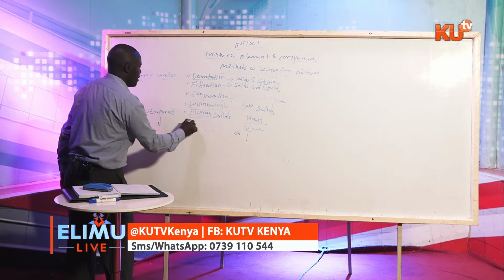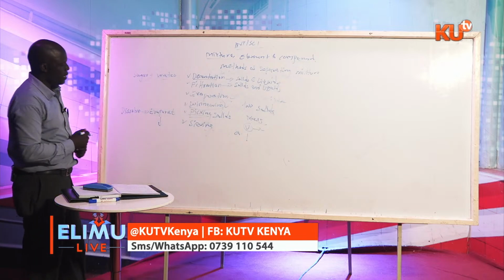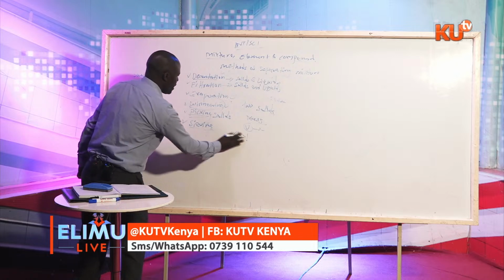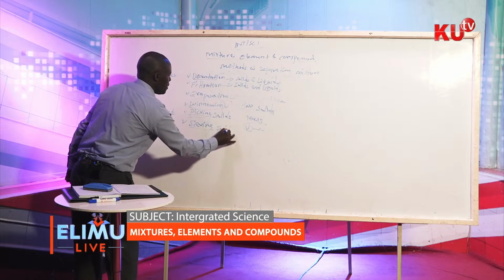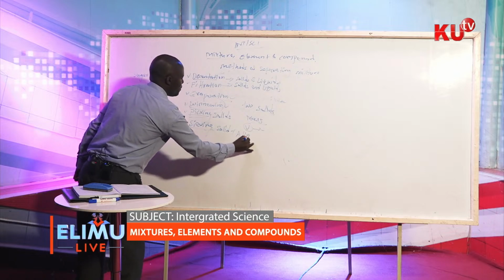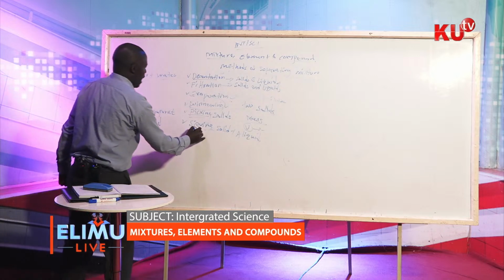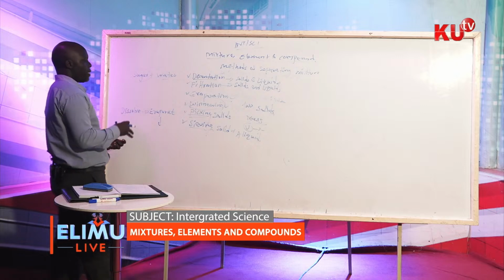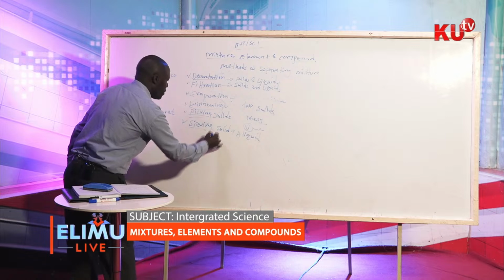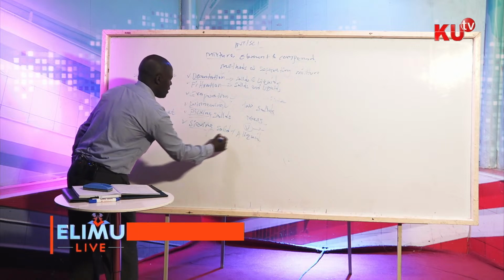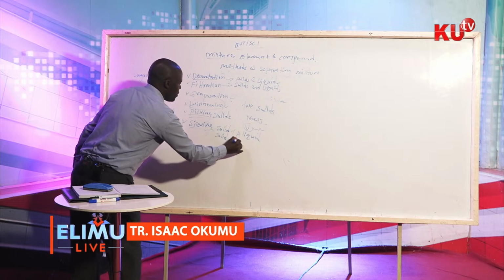Then the last one is sieving. Sieving as a method of separation is where we separate a solid plus a liquid. Here we are going to use what we call a sieve, whereby the particles are different. So we can use it to separate solid and liquid, or to separate a mix of solid and solid.